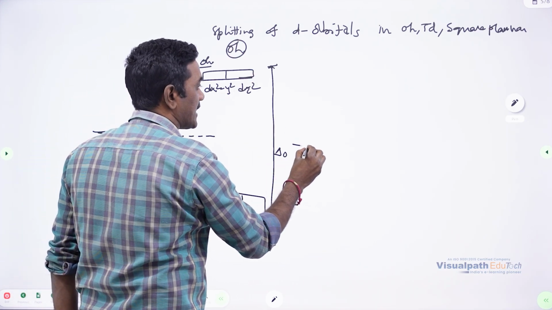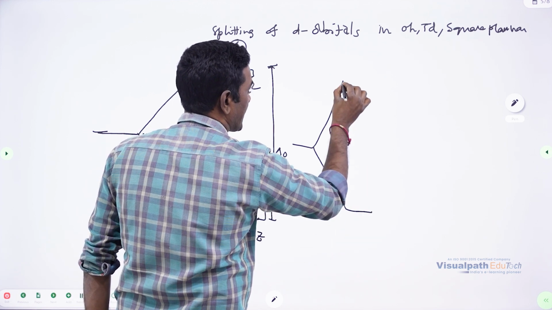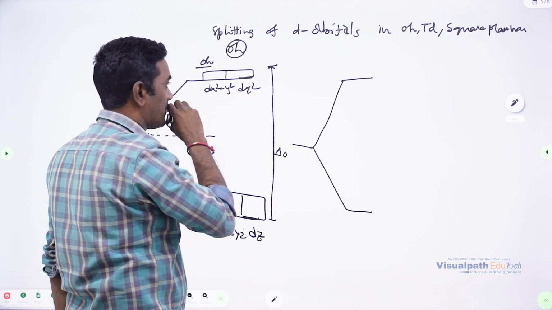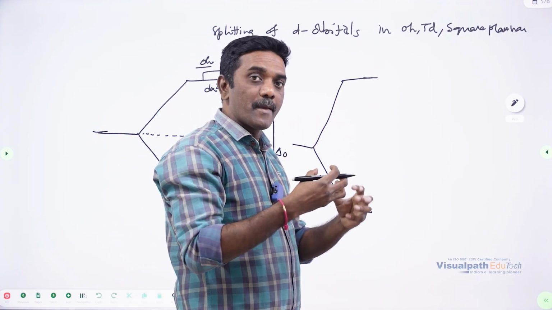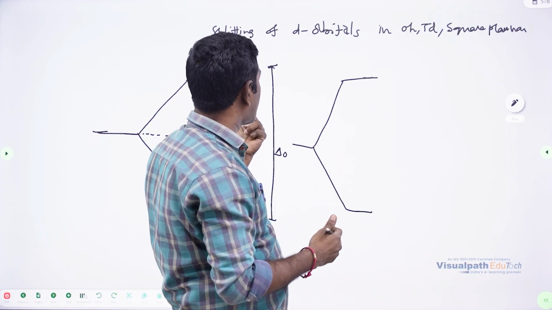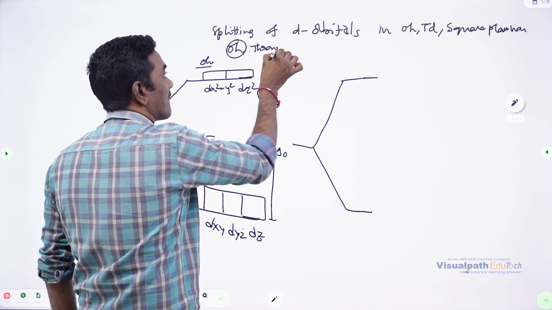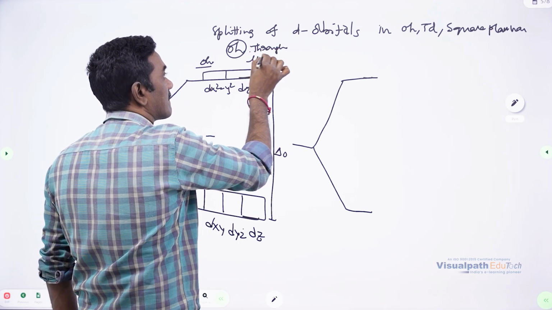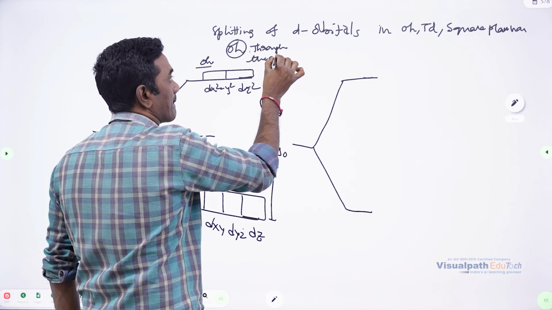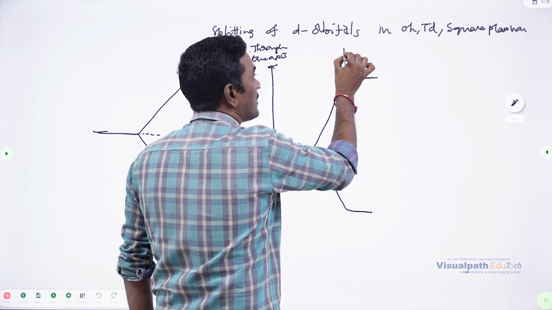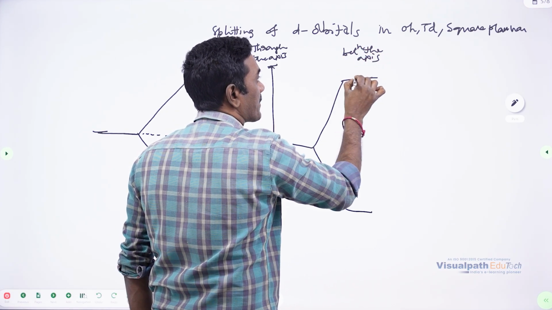Whereas the same splitting in tetrahedral, we already discussed that the tetrahedral splitting is different from the octahedral because the ligands will approach the metal ion between the axis. Here in octahedral it is through the axis, or along the axis. In tetrahedral it is between the axis. And so what happens?